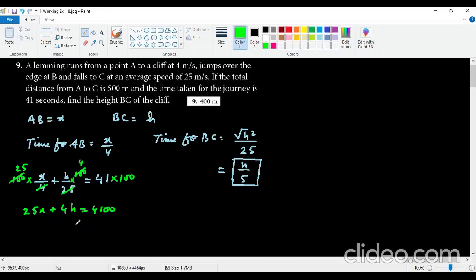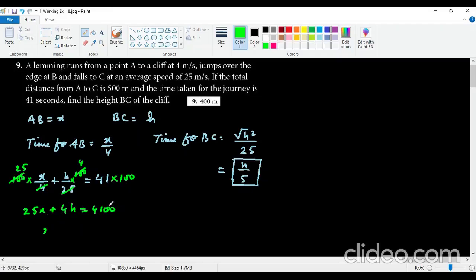Now in here x plus h is going to be 500. From here we'll take 25 common. The value of x is already given here.